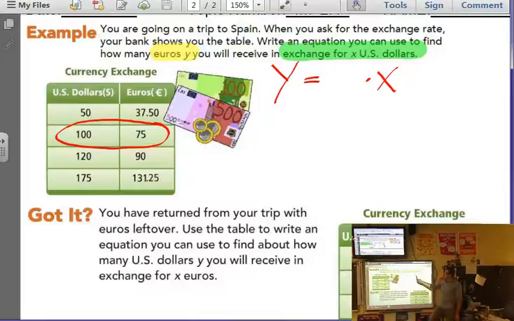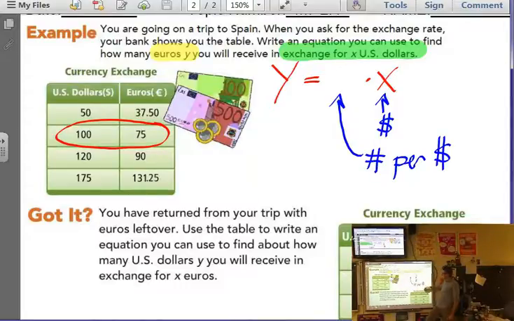Now if this input is going to be dollars, we need my constant of proportionality to have a label of something per dollar. Because when we do the per dollar times an amount of dollars, it cancels out, and all you end up with is the other label.